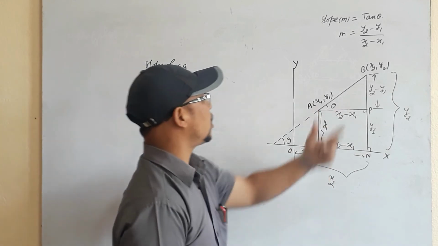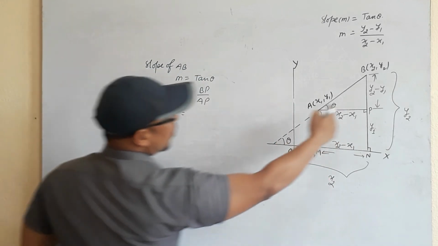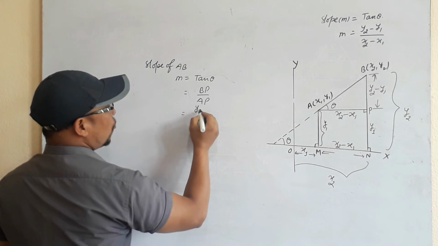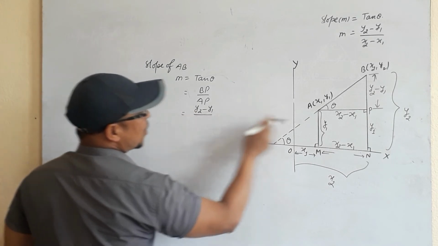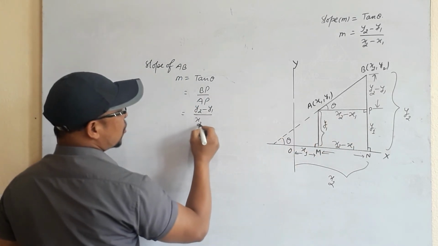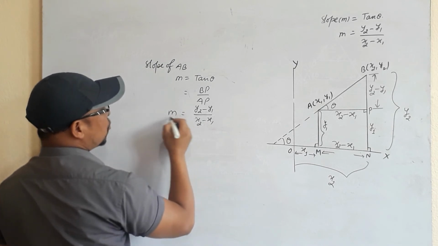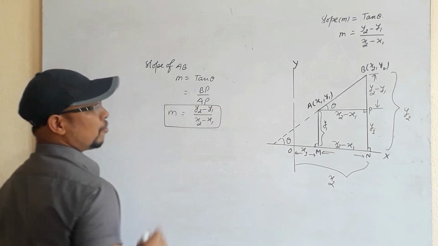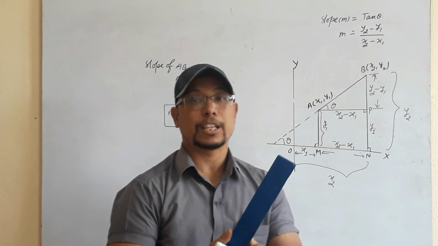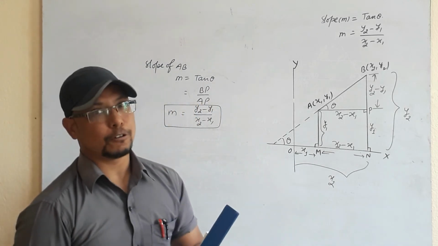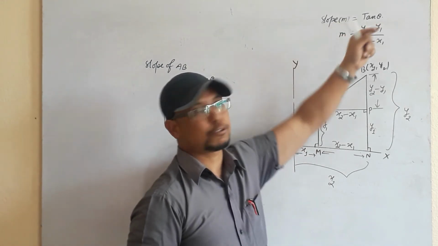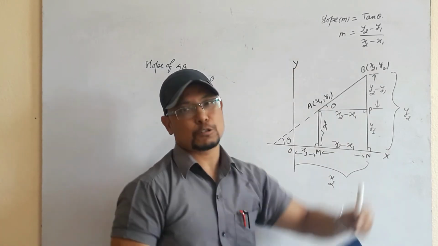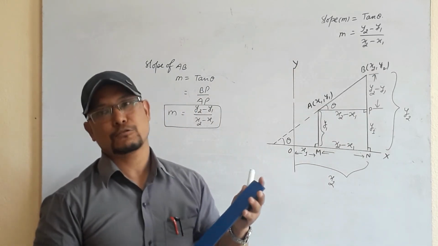Now let's put the values here. BP is y2 minus y1 divided by AP, which is x2 minus x1. So this is how you get the formula of slope. There are two formulae for slope: one is slope equals tan theta, and another is slope equals y2 minus y1 by x2 minus x1.